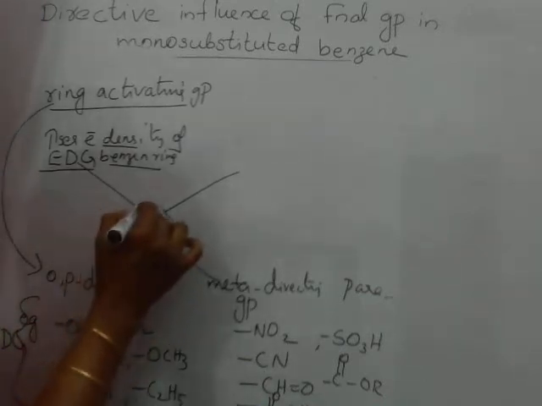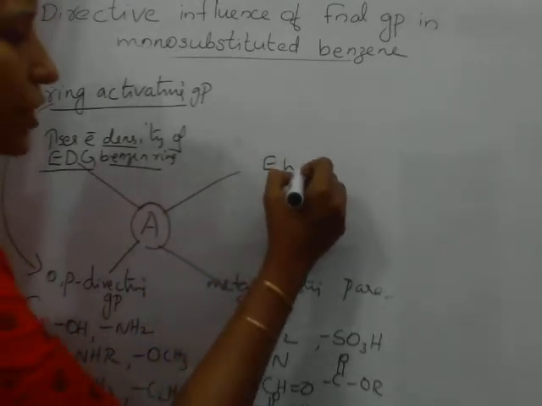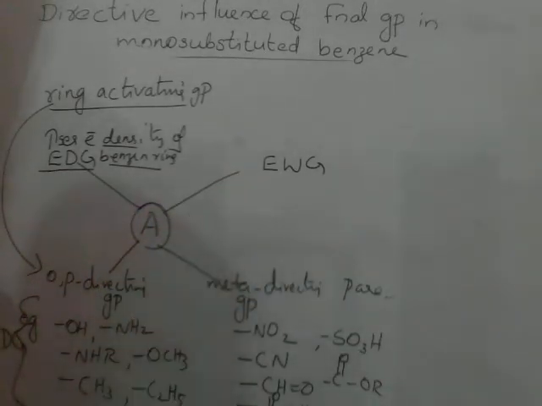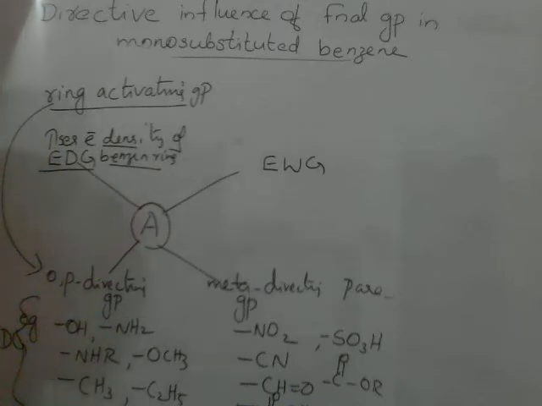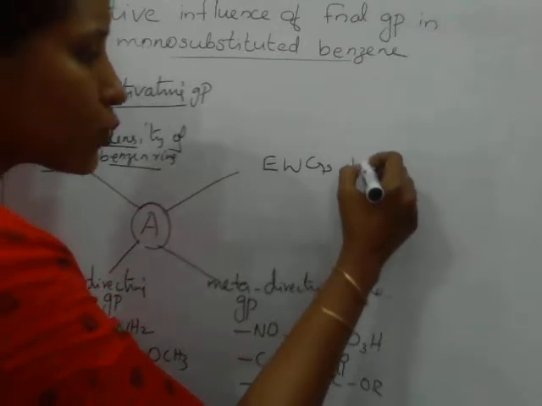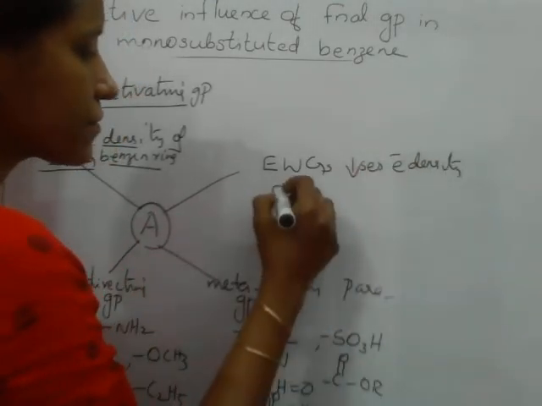Now the second behavior of certain groups: electron withdrawing groups. There are certain substituents which are electron withdrawing in nature. When such groups are present in the benzene ring, these electron withdrawing groups decrease the electron density of the benzene ring.